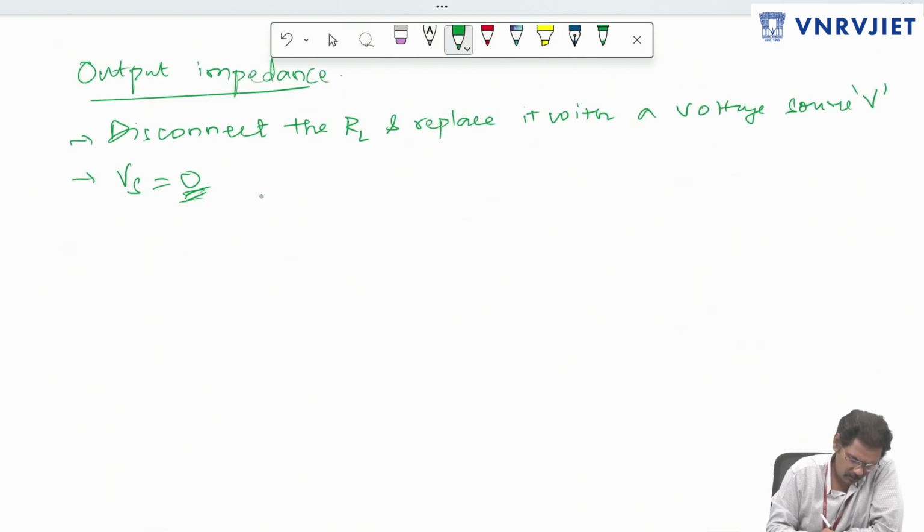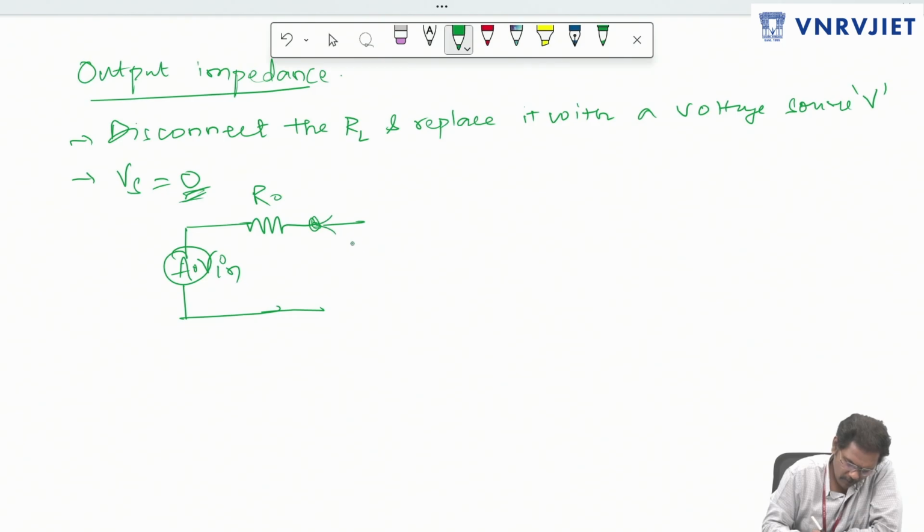Now I'll do this. So what happens here is I'll have A times Vin, right? Then Rout. What I'm doing here is I replace that RL and introduce a voltage source here. Now for this, if I write the KVL to this loop, the voltage V is equal to the current I flowing through it, I times Ro, plus this is again the voltage, right?